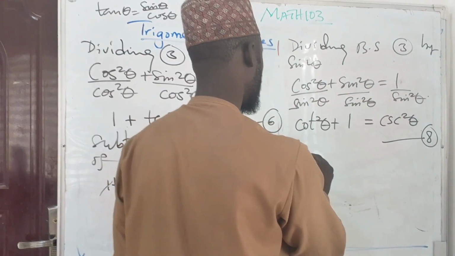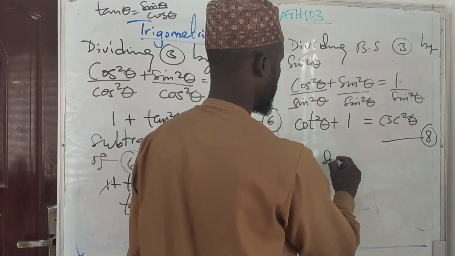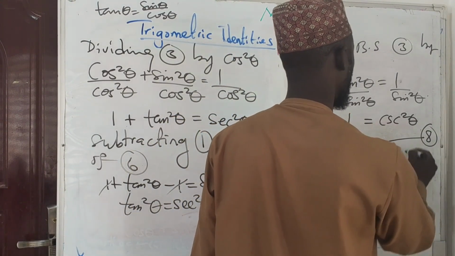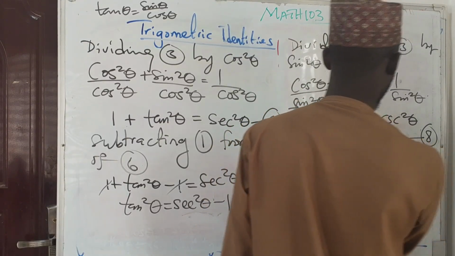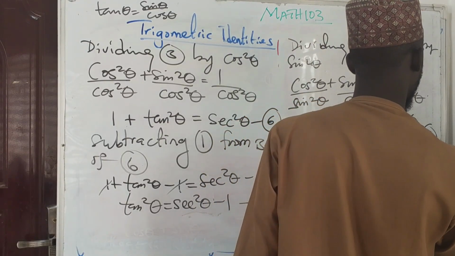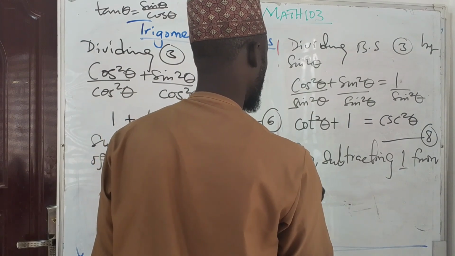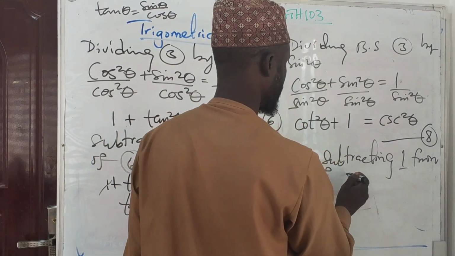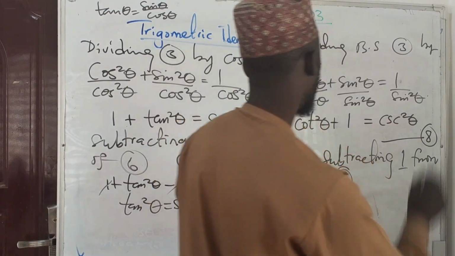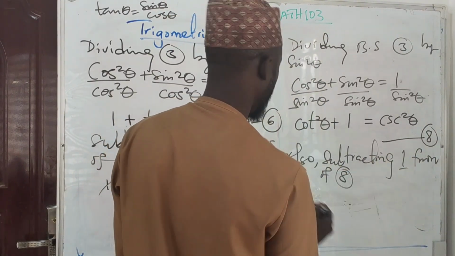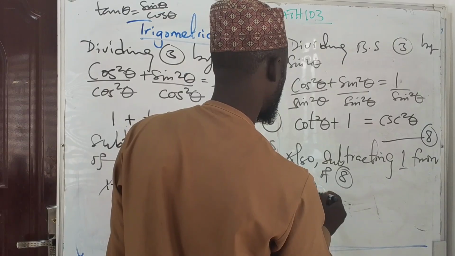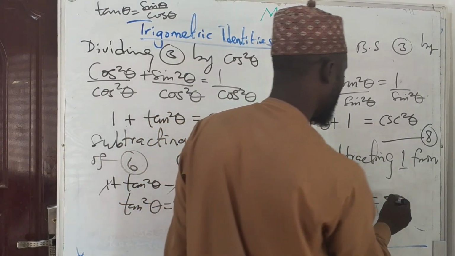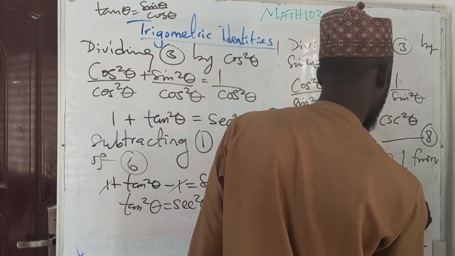Also, subtracting 1 from both sides of equation number 8, we obtain cot squared theta plus 1 minus 1 equals cosec squared theta minus 1.